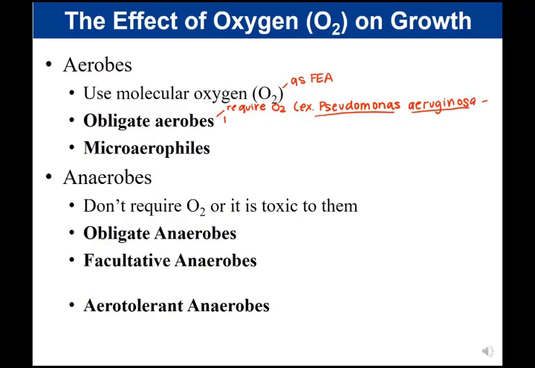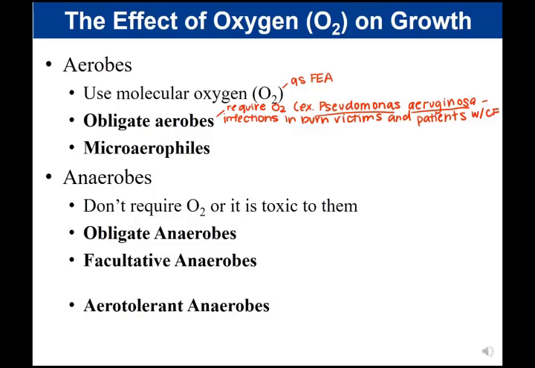Pseudomonas aeruginosa causes infections in burn victims and patients with cystic fibrosis, which we will abbreviate CF. So Pseudomonas aeruginosa causes infections in burn victims, and in fact, it's the leading cause of death in burn victims.